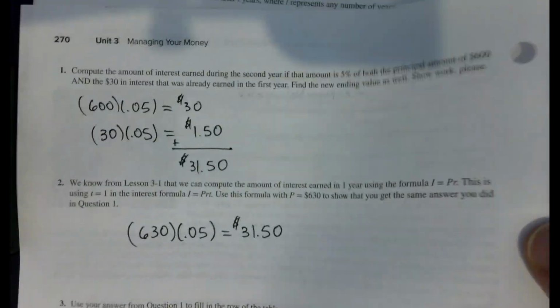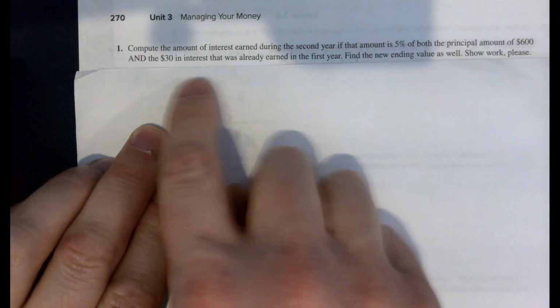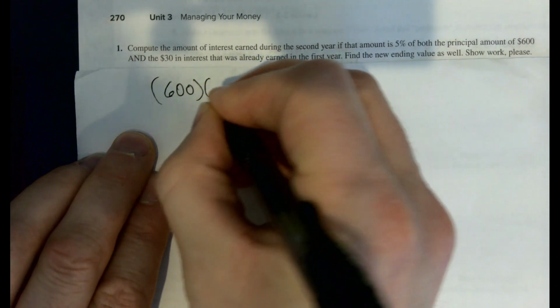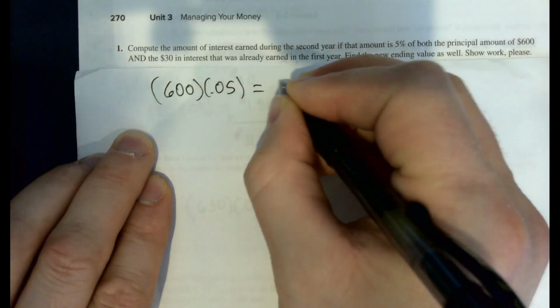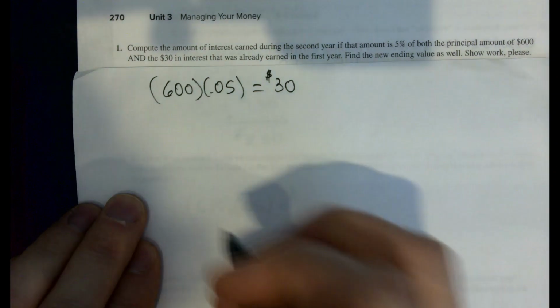Well, when it comes to compound interest, what happens is we now get to earn interest on that interest. So the author says, hey, calculate the interest on the $600 and the $30. Well, we already did this. We'll do it again for the millionth time. So there's the $30 of the 600.